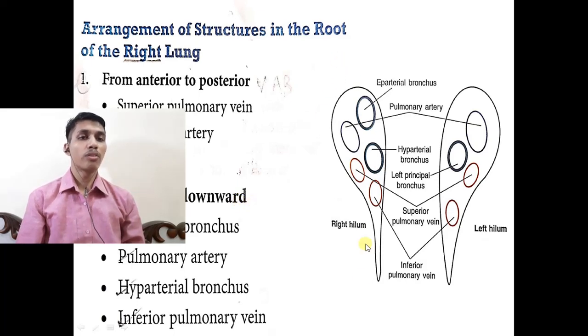From above to downward, that is superior to inferior, there is the eparterial bronchus, then the pulmonary artery, then the hyparterial bronchus, and then the inferior pulmonary vein.